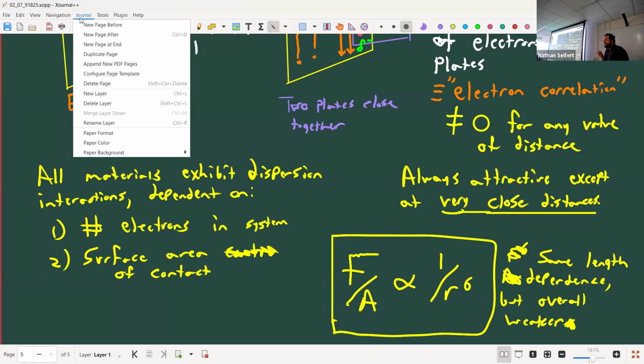A weird effect that only exists in the microscopic regime. I can't really give you a picture of this force that you can connect to something you can touch and feel. It's unique to the microscopic world. And this is what's called exchange.